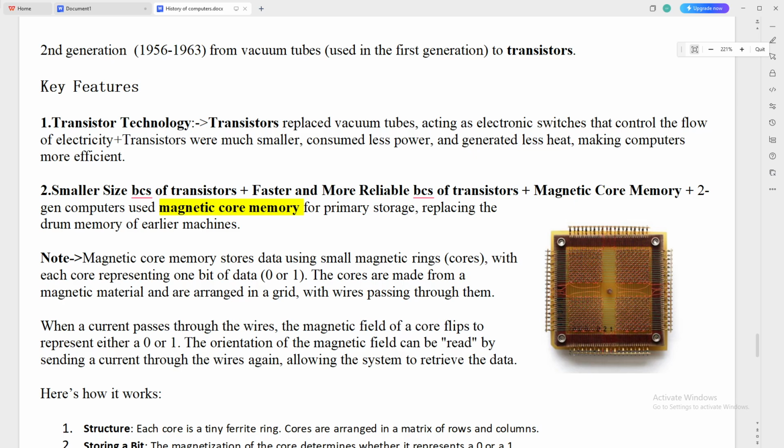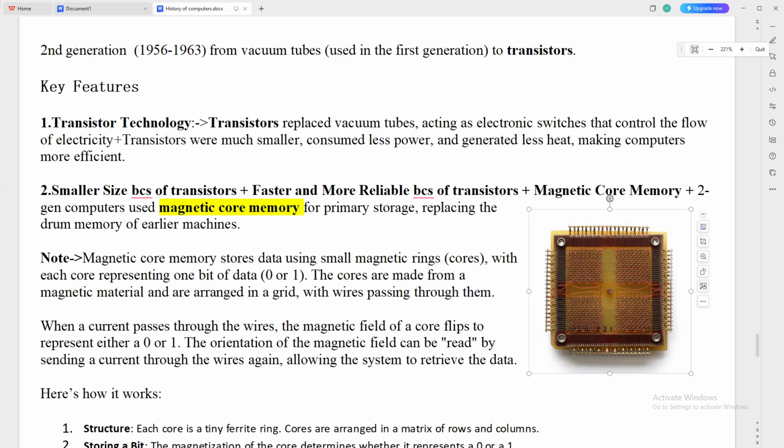Magnetic core memory: second generation computers used magnetic core memory for primary storage, replacing the drum memory of earlier machines. In earlier machines we were using drum memory, but as second generation came, we are now using magnetic core memory. As you see, this is the best example of magnetic core memory.